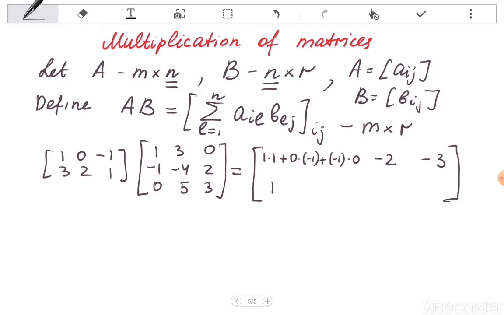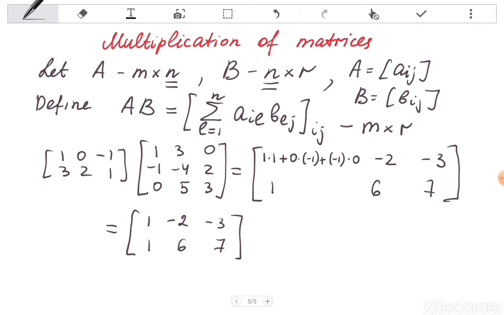So overall it's 9 minus 8 plus 5, which is 6. So 6 is the second term of this matrix. And to get the third element of the second row, we multiply this times this. 3 times 0 is 0, 2 times 2 is 4, 1 times 3 is 3, and adding everything, we get 7. So the resulting matrix is 1, minus 2, minus 3, 1, 6, 7.